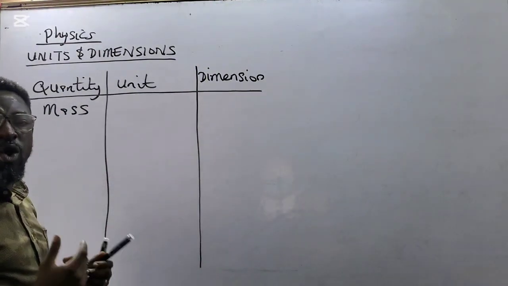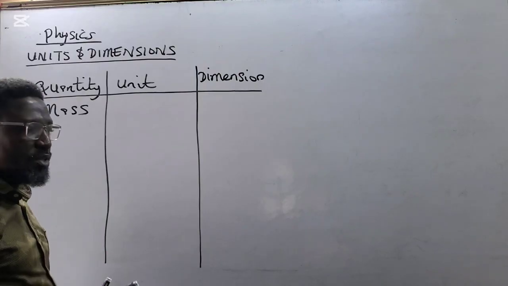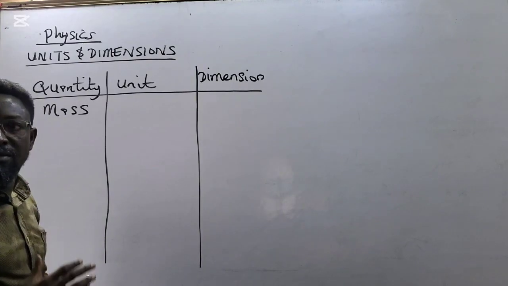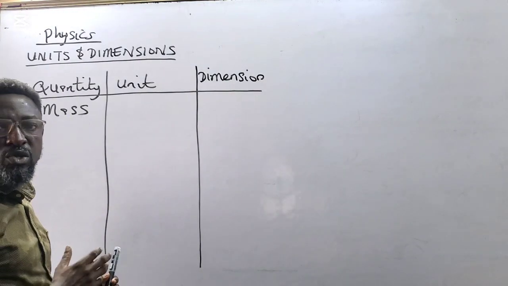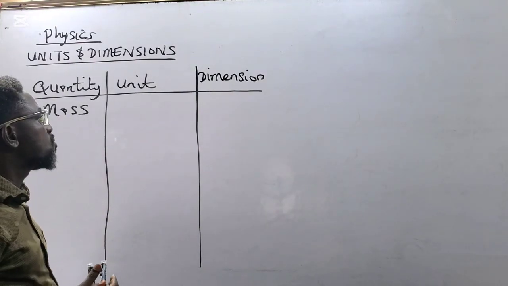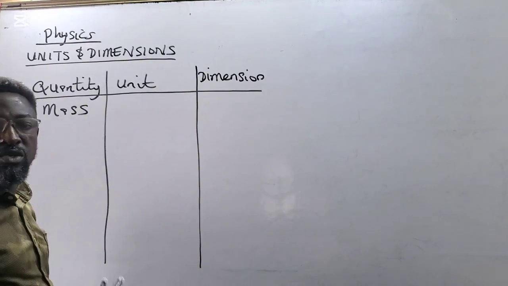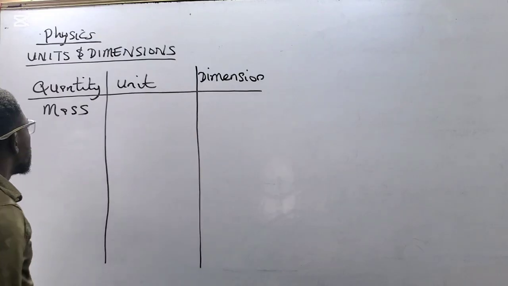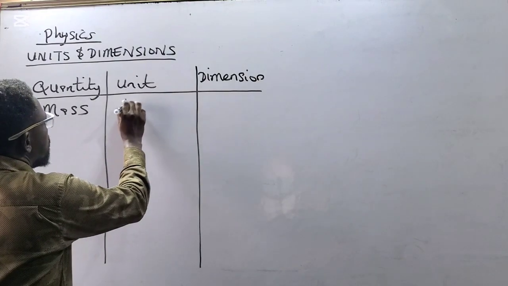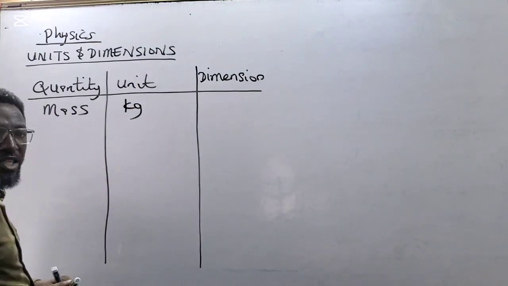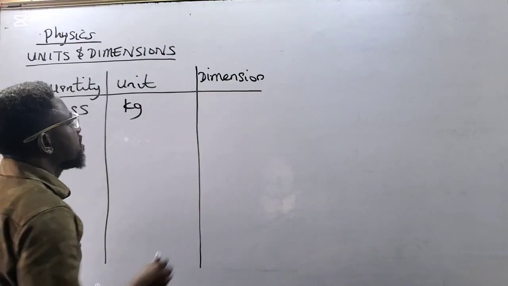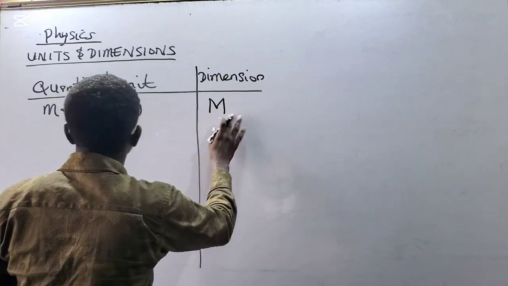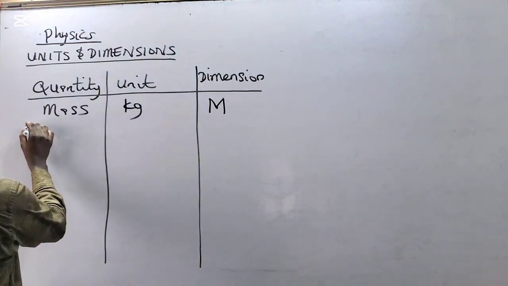Mass refers to the quantity of matter in a body. In this class, we'll be focusing on physics calculation, so this one is just a tip, some things you need to understand before we go fully into calculations in physics. The unit of mass is kilogram, and the dimension, which is the symbol allocated to mass, is M.